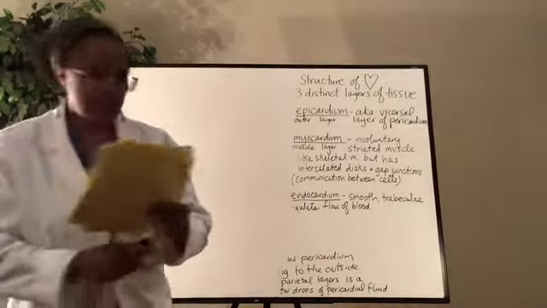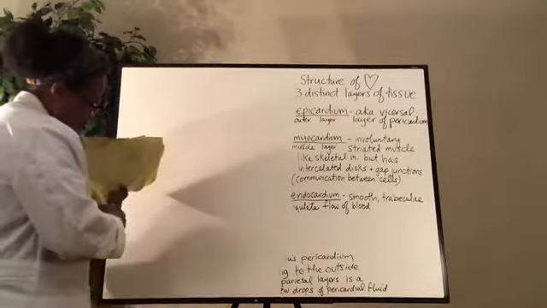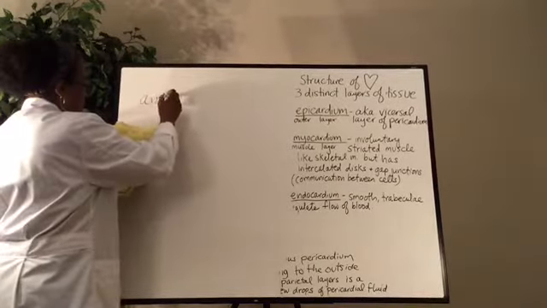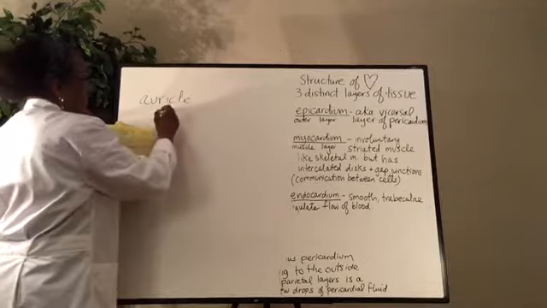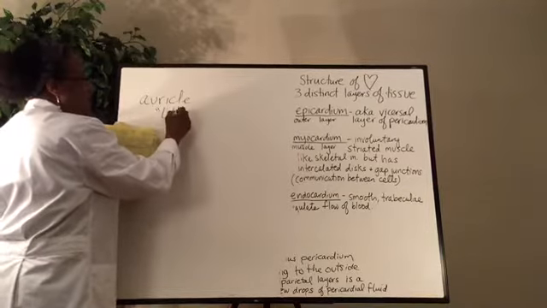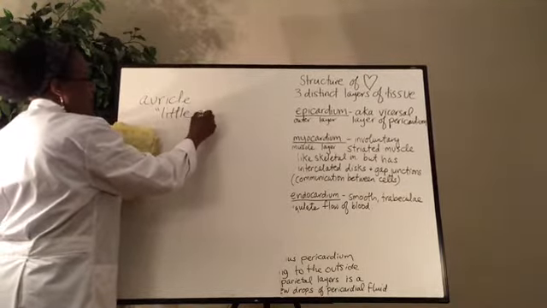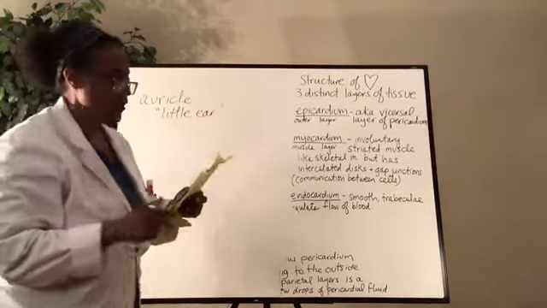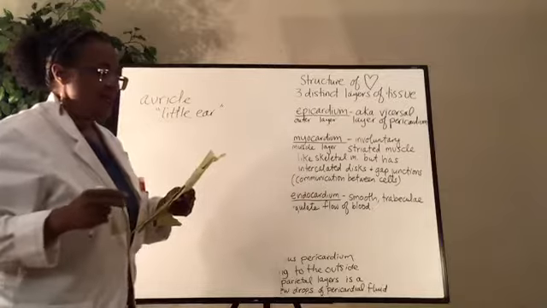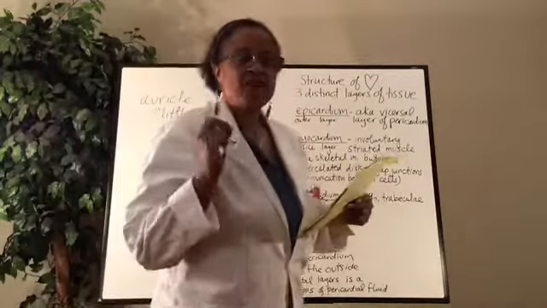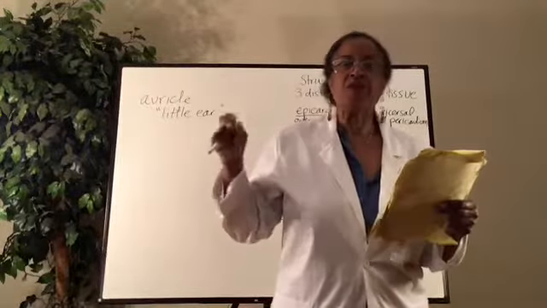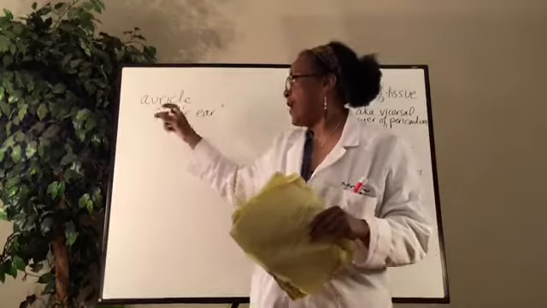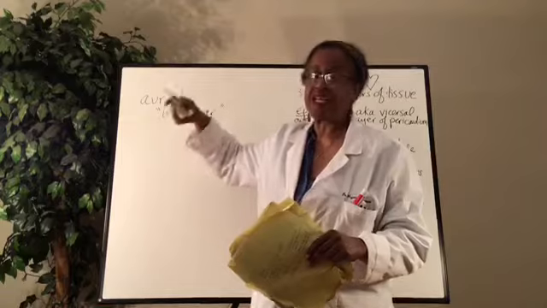So let's look at auricle. Auricle means little ear. So it looks like an auricle, little ear, right? This is an ear-like flap protruding from each atrium. Now, I want you to know that an auricle is not an atrium.